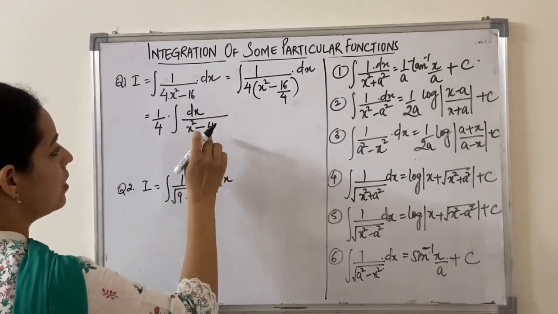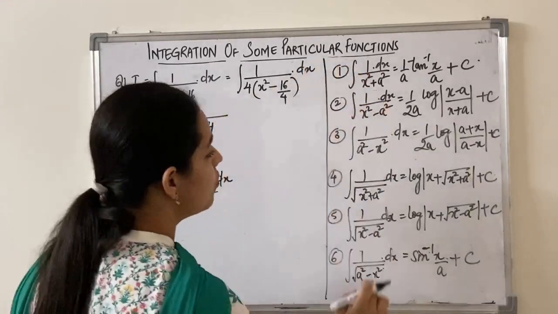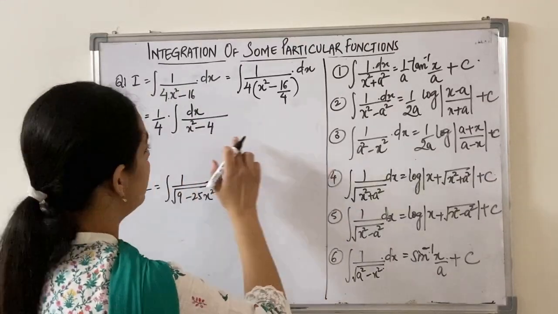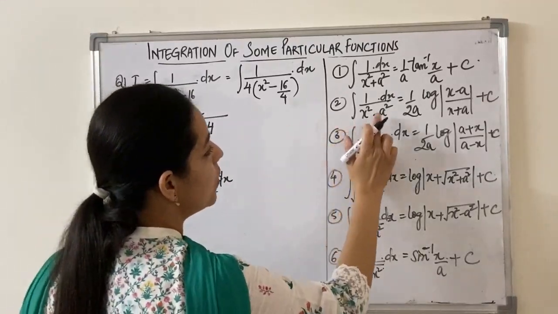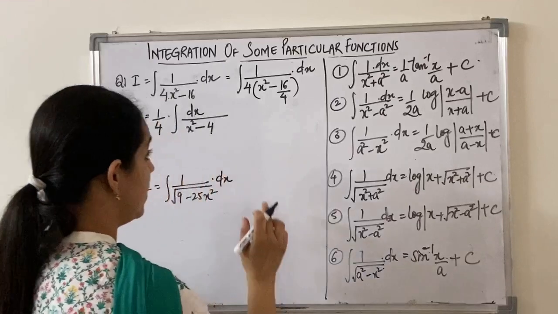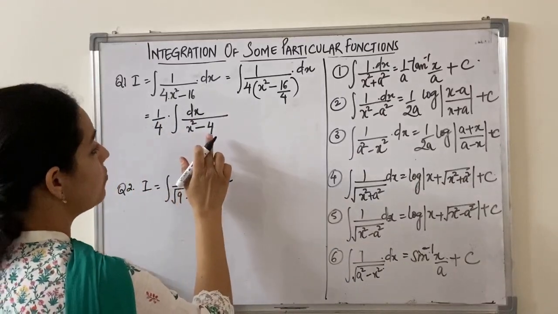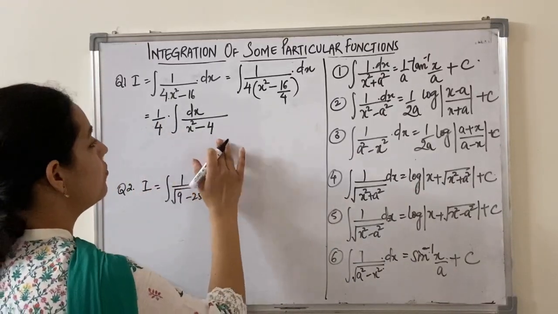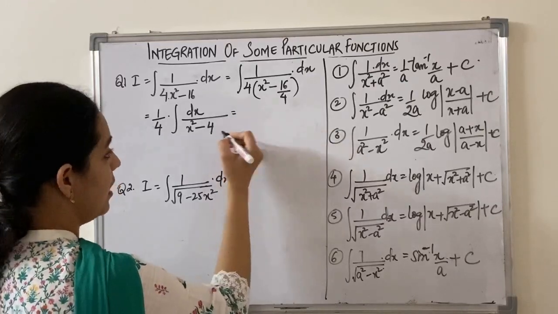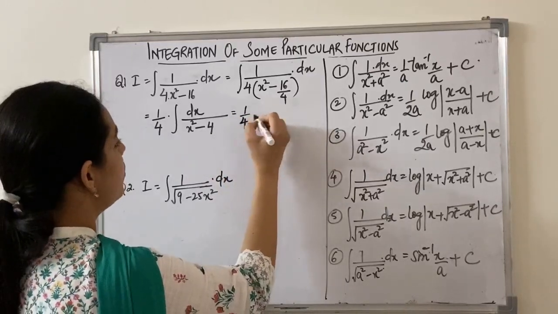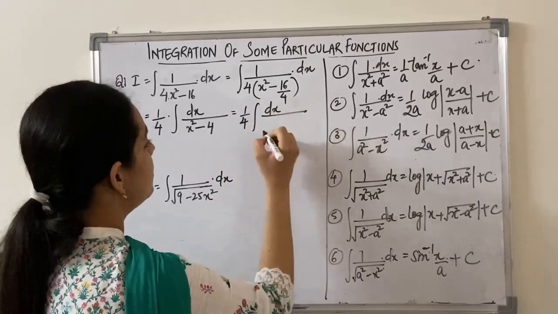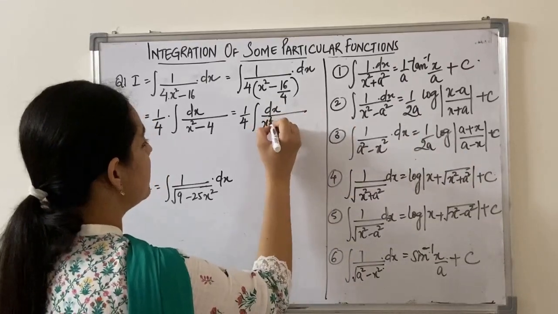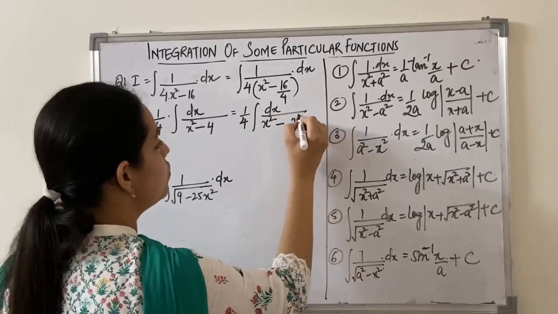Now if you can resemble it with any of the formulae, it is similar to the second formula 1 upon x square minus a square. Here in place of a square we have 4. So 1 upon 4 we can write in this form only by writing it as x square minus of 2 square.